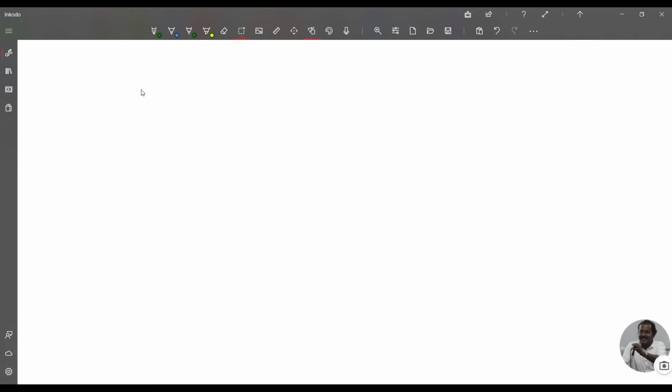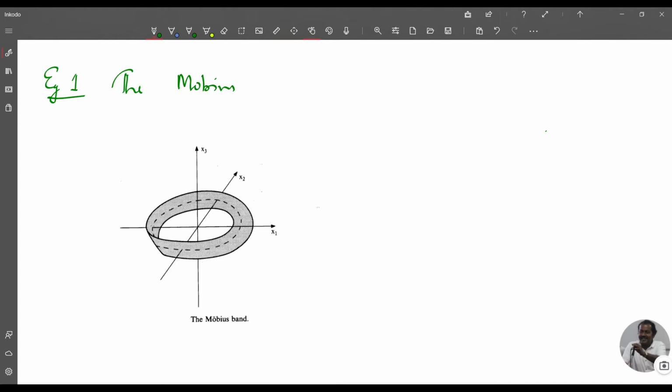Now we give some examples. Example 1. The Mobius band is an example of a non-oriented surface. The Mobius band in R^3 has no orientation.